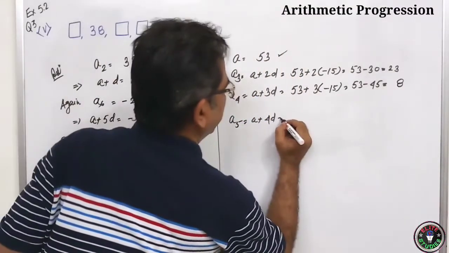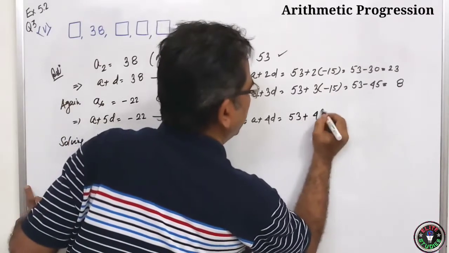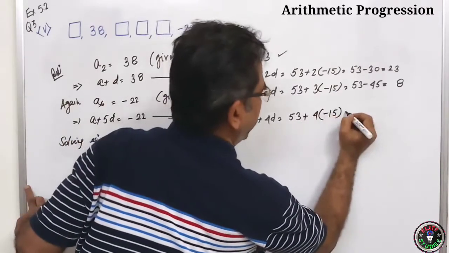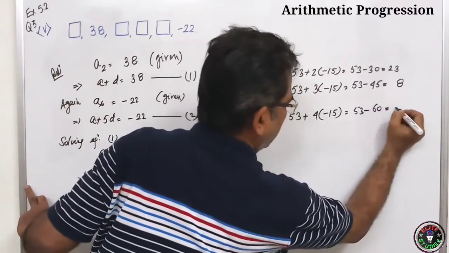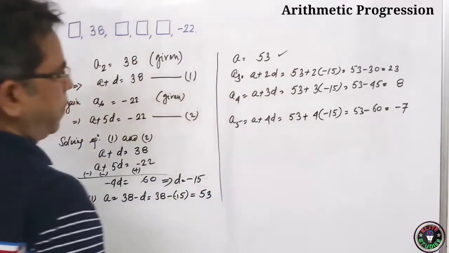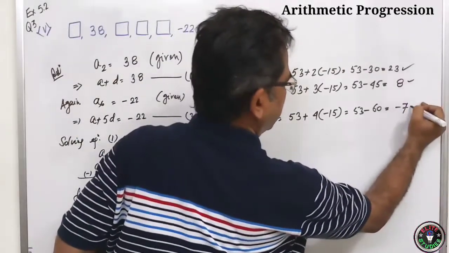Here A5 will be 53 plus 4 into minus 15. So it will be 53 minus 60, so it will equal minus 7. Okay. So these are the 4 answers.